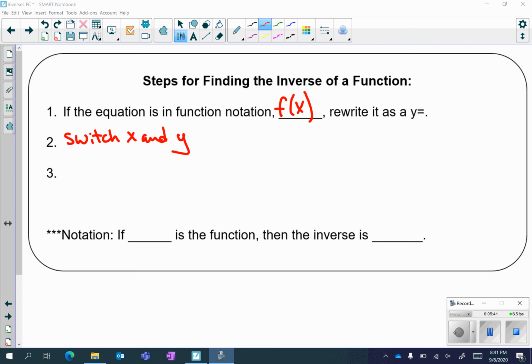Once you do that, your third step is to solve for y. And keep in mind, if f of x is the function, then the inverse is f inverse of x.